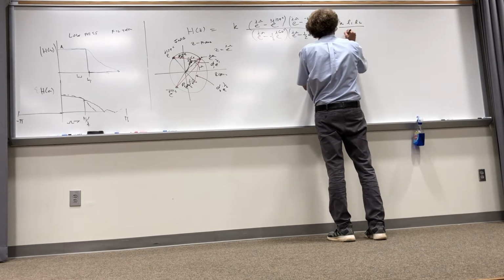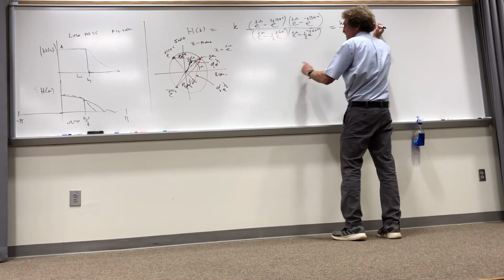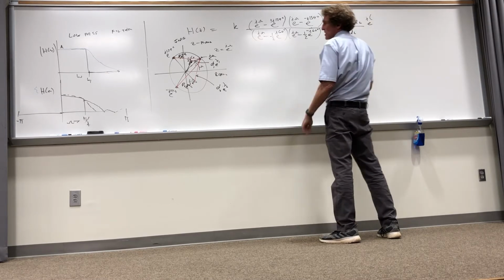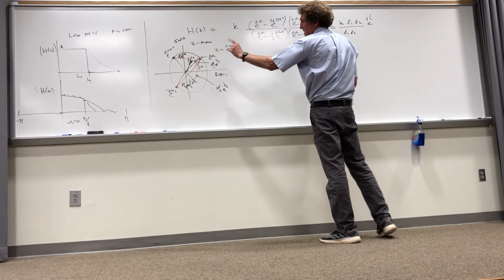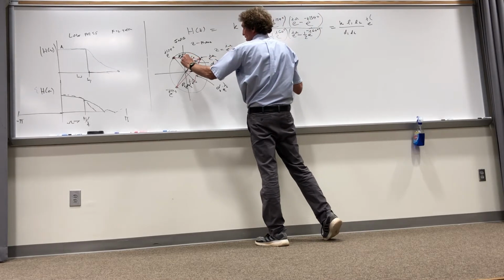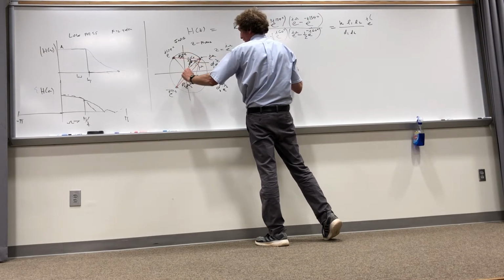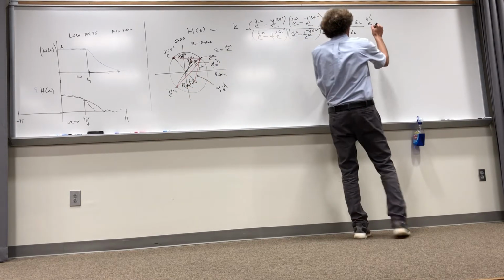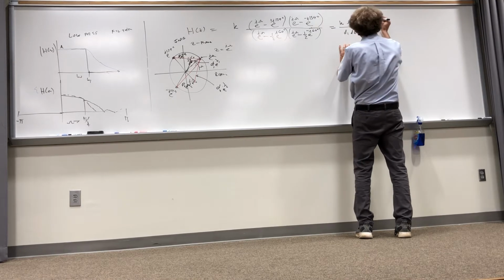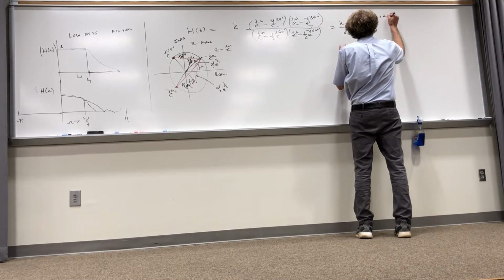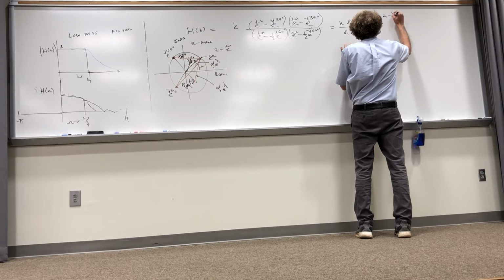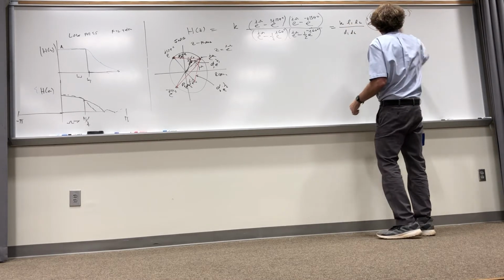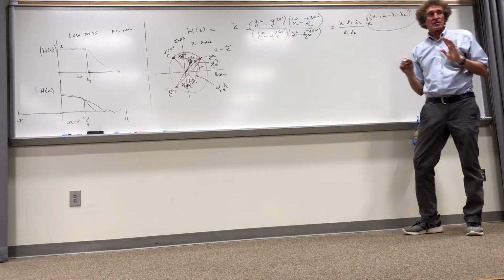And downstairs, it's D1, D2, and then the total angle is just e to the j, alpha 1 plus alpha 2 minus gamma 1 minus gamma 2. And that's just an angle you don't worry about. Don't worry about the angle on this one, because we're going to look at the magnitude of the filter.